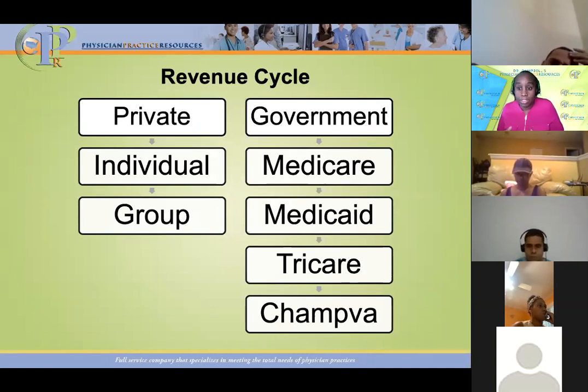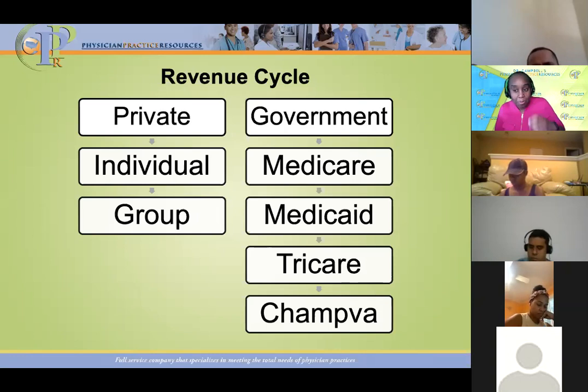So I'm not going to go into detail on these, but when you read your chapter on reimbursement, they get into government: Medicare versus Medicaid, TRICARE, CHAMPVA. And then on the private side, that's where you have your commercial payers. So your Blue Cross Blue Shield, your Aetna, your Cigna, your Humana, your United Healthcare, all those different plans.